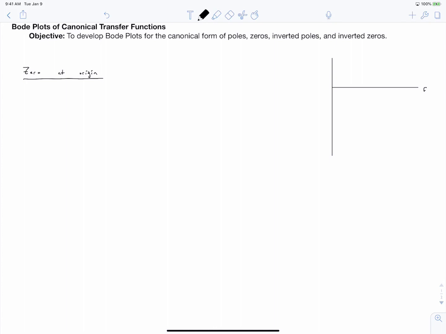Alright, so we'll go through this one by one, starting with the simplest case, which is a 0 at the origin, and the transfer function of this, H(s), is equal to s over 2π, where 2π is just for convenience, so that we can say that H(jω) is equal to jf.